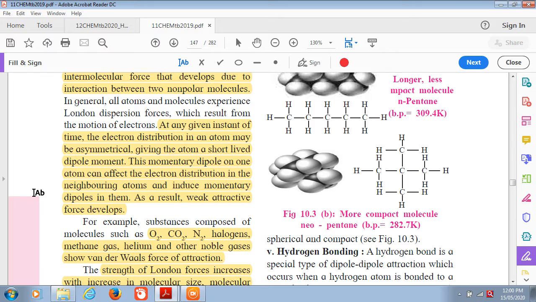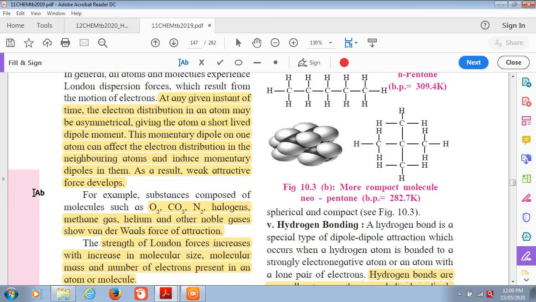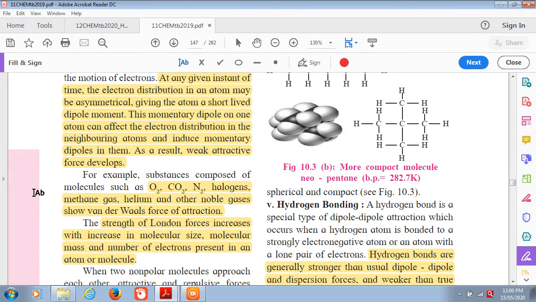As a result, a weak attractive force develops, and such forces we can observe in molecules such as O2, CO2, N2, halogens, methane gas, helium, and all other noble gases.